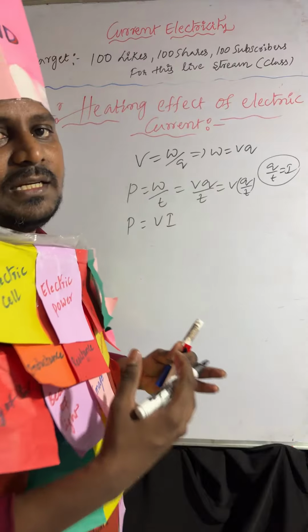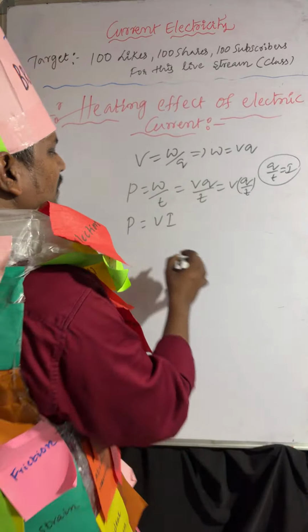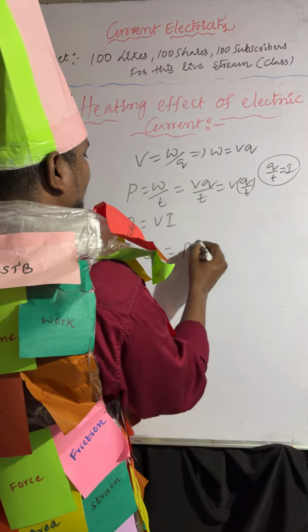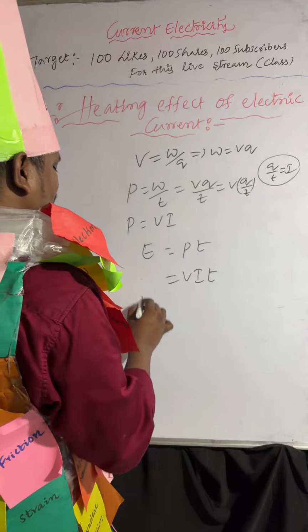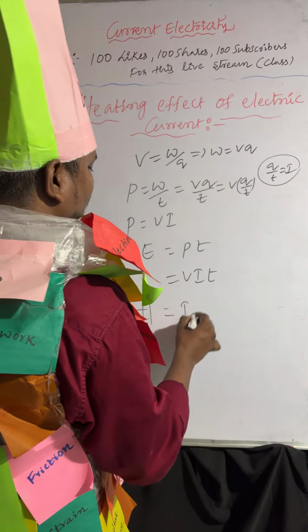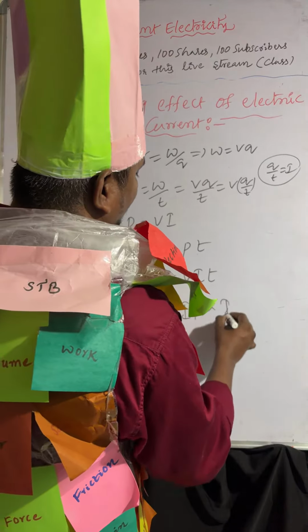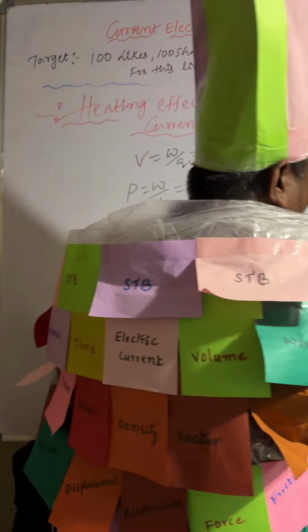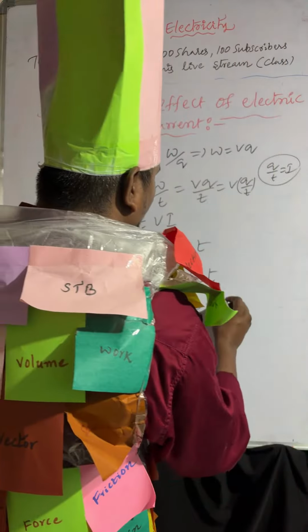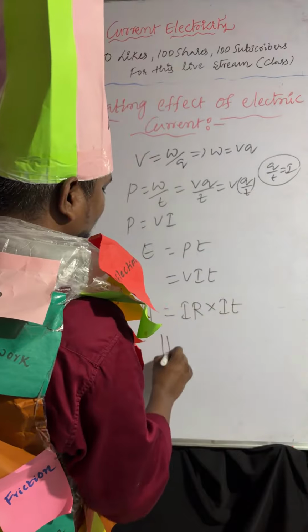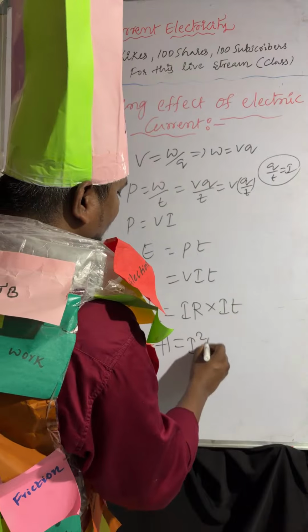Energy is given to the conductor. That is E equal to P into T, that is VI into T. So now heat produced in the conductor is IR into I into T, that is I square RT. So H equal to I square RT.